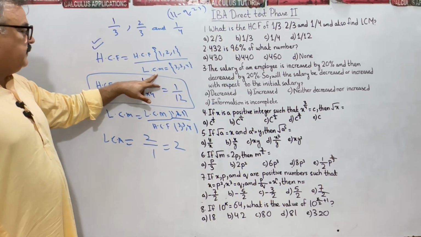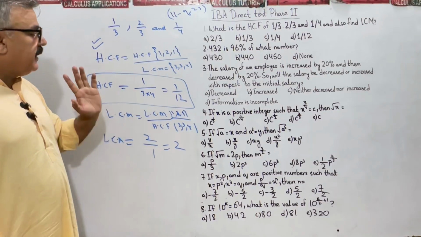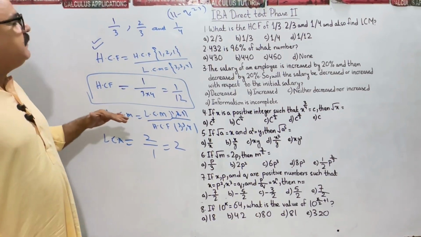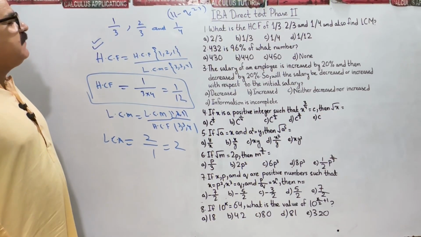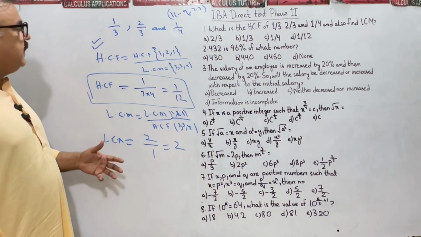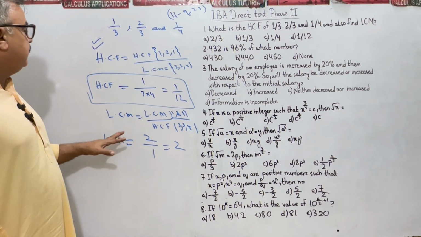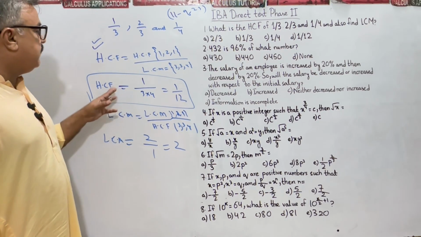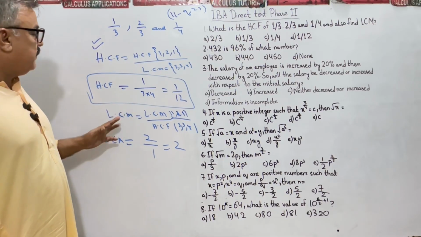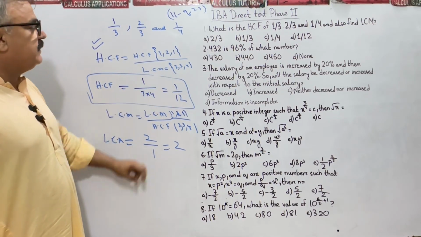HCF divided by LCM, LCM divided by HCF. That is the way of finding the highest common factor and least common multiple involving fractions.